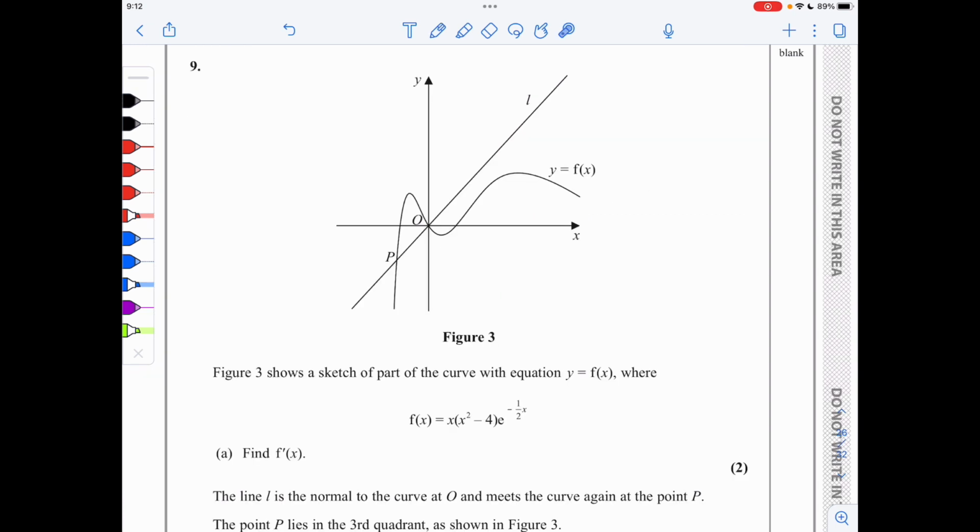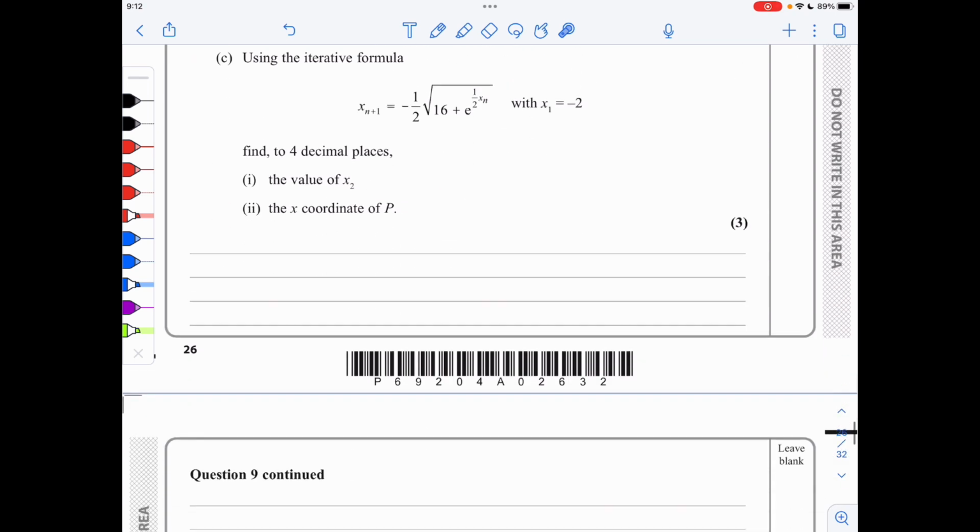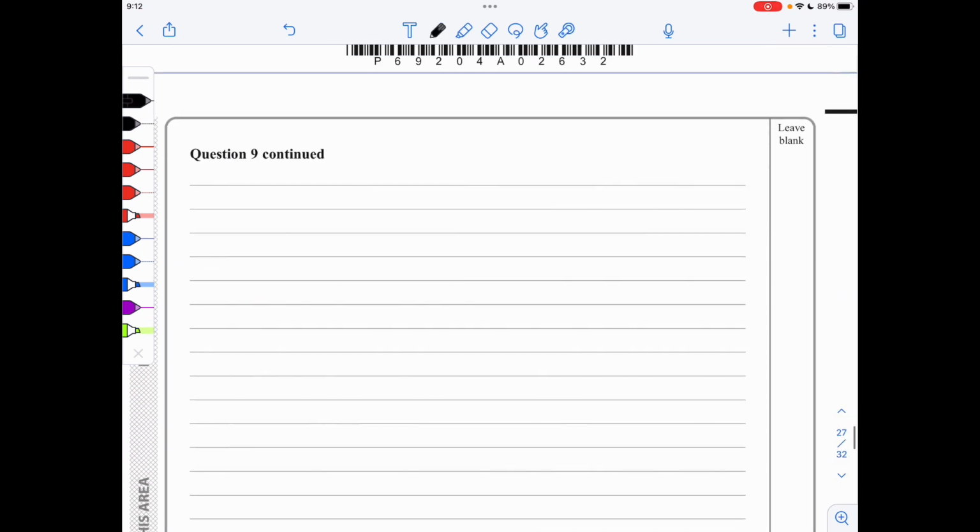In question 9, we've got a curve with this equation here, and we need to find f dash of x. So I will start by expanding the bracket. We've got f of x is x brackets x squared minus 4 e to the minus a half x. And I will expand to get x cubed minus 4x times e to the minus a half x.